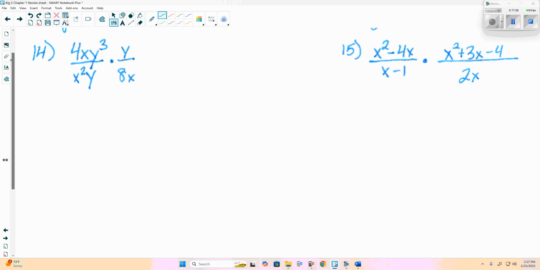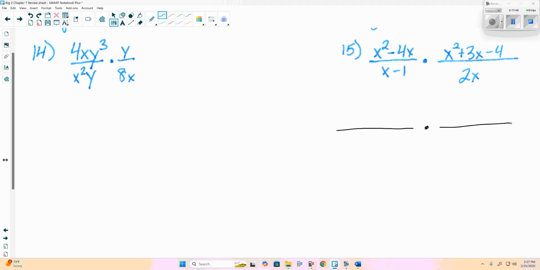Now, I'm not going to focus too much on 14, these monomials, where we have a single term in all 4 spots, where both the numerators are monomials, 1 term, both the denominators are 1 term. Because all of our problems are going to look more like 15, where we have these polynomial terms on top and bottom.